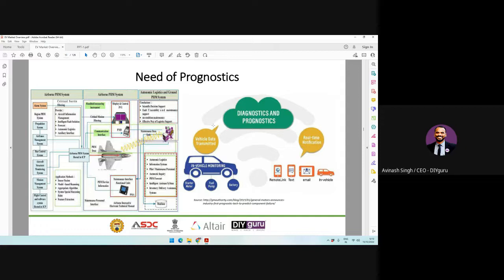Now you are treating this particular fault, or maybe you are solving that fault using your technology, or using your skill sets, or by changing the battery, by changing your motor. That is prognostics. So what happens is, the diagnostics actually happens through different stages, right?